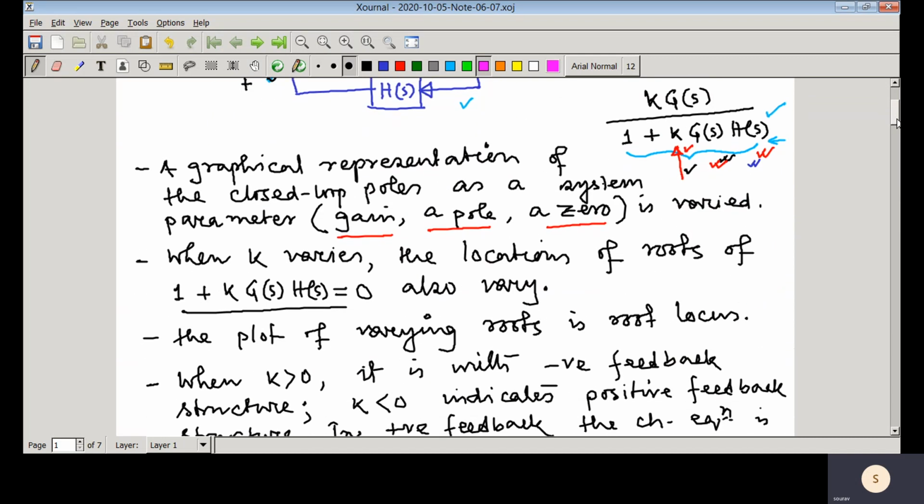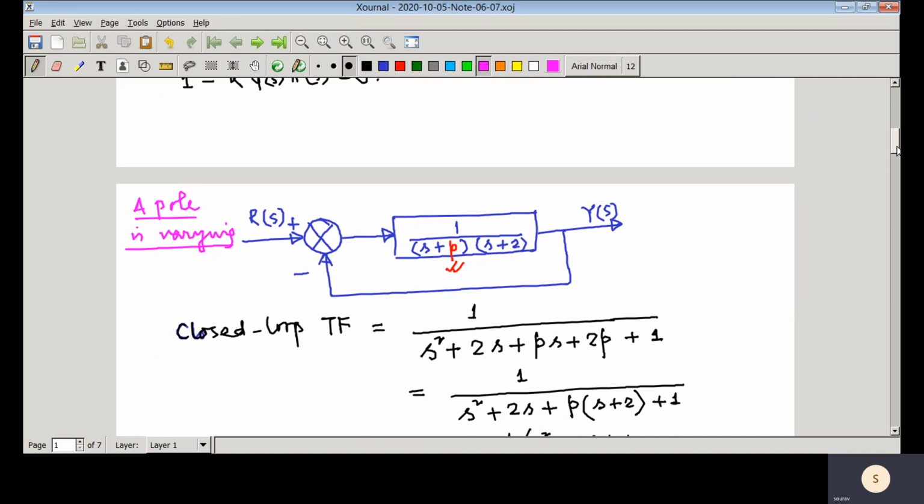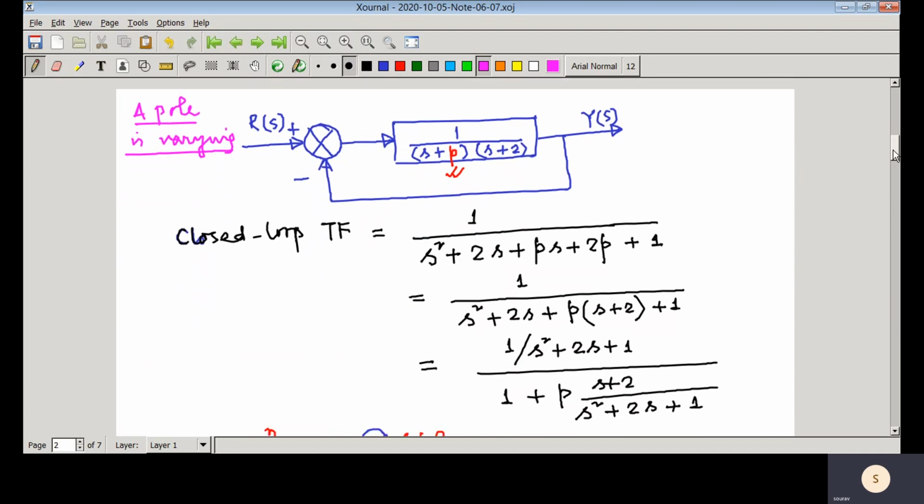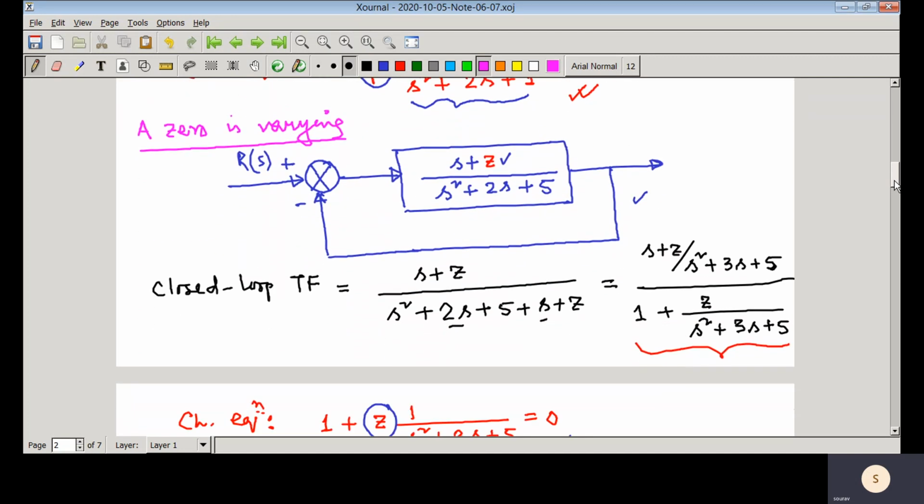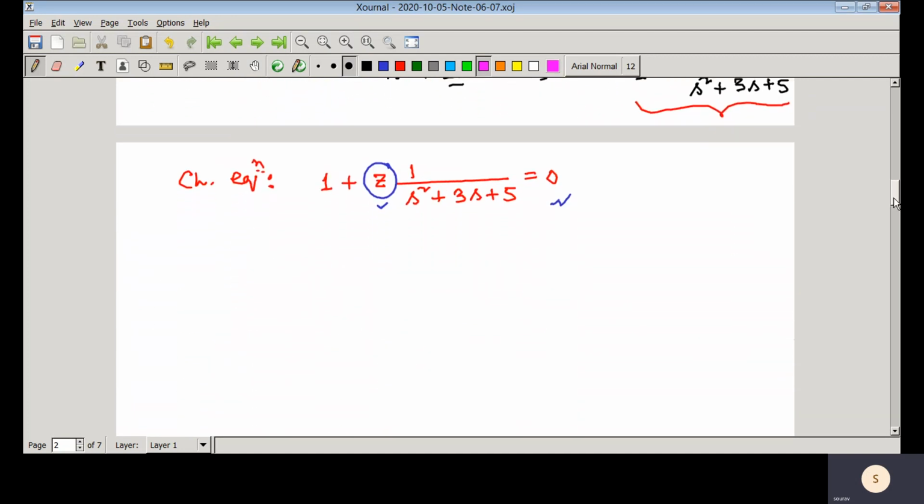So that means there are three situations we have seen, and how to formulate that problem in root locus framework that we have discussed. So now we will just see what is root locus via one simple numerical example, then I hope it would be clear to all of you.